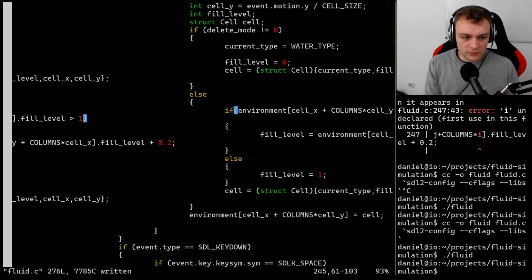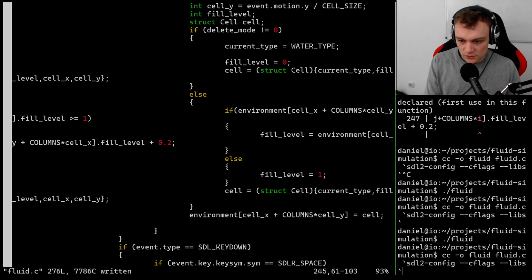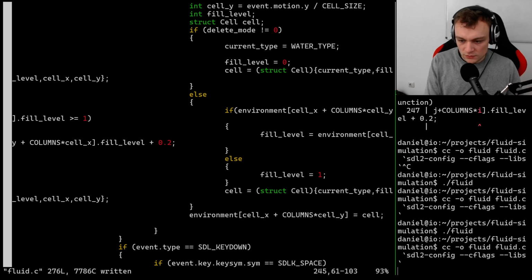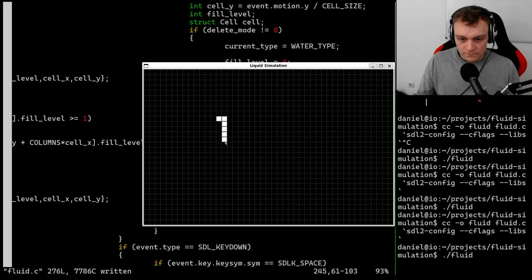If the environment cell's fill level is bigger than 1, well, it is never bigger than 1. Maybe let's do bigger than or equal to 1. Maybe that's what we're missing. Oh, now the fluid state is actually decreasing. Why?